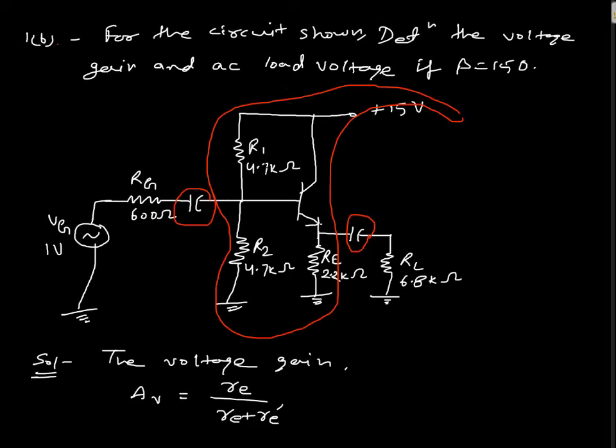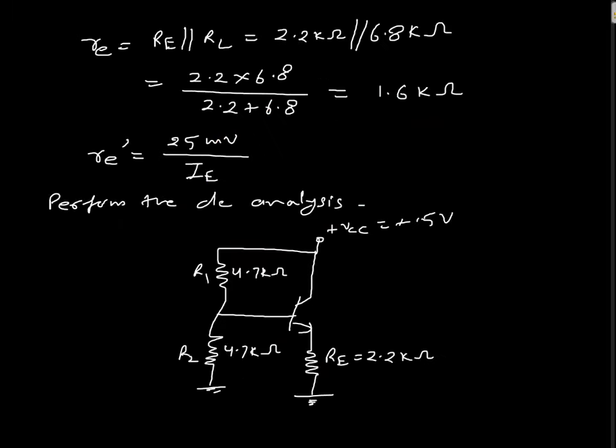So this is the DC part of the circuit. Now what we need to find out is IE. IE is this current, this voltage is VE, this voltage is VBE, and this voltage is VB.